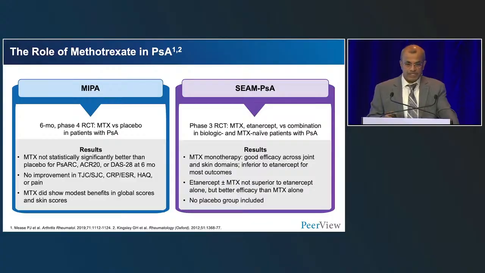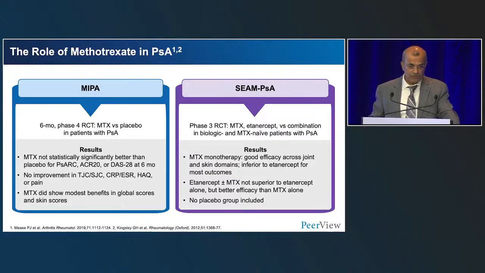However, methotrexate has a very interesting story in that the only study where methotrexate versus placebo was properly done was in psoriatic arthritis. That's the MIPA study, methotrexate in psoriatic arthritis. This was a study done in Great Britain, and this was criticized because the dose of methotrexate they used was only 15 milligrams, and they didn't really go up on that dose.